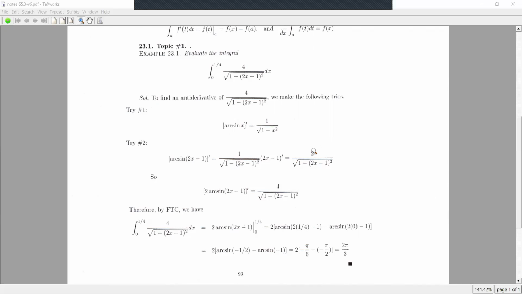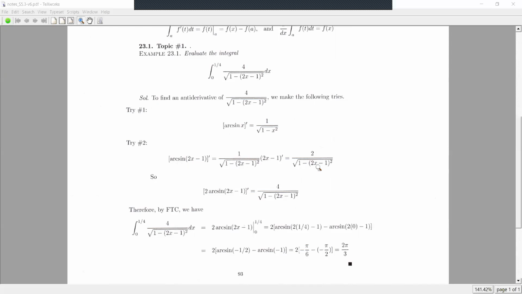Now this function is very, very close to this function. The difference is only in the numerator. The numerator here is 4. Here it is 2. They differ by a factor of 2. Now to find exactly the antiderivative for this function, I multiply 2 to the left side and to the right side.